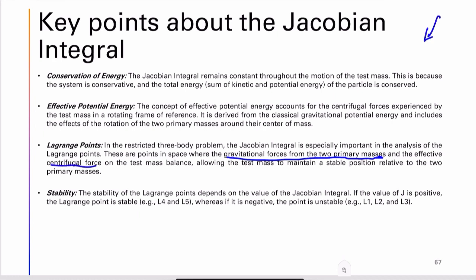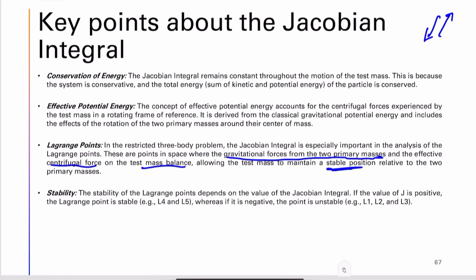Gravitational force is pulling inward, and the centrifugal force is pulling the object outward, and they are in balance, which means it is stable in the orbit. It is neither pulling inward nor pulling outward. The object under rotation can remain stable in the orbit at these Lagrange points. They are also called libration points, allowing the test mass to maintain a stable position relative to the two primary masses.